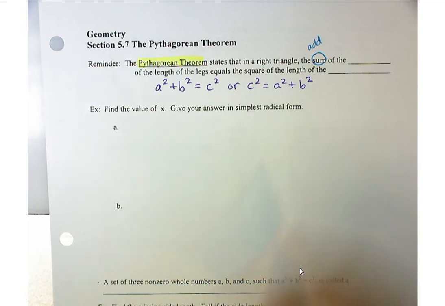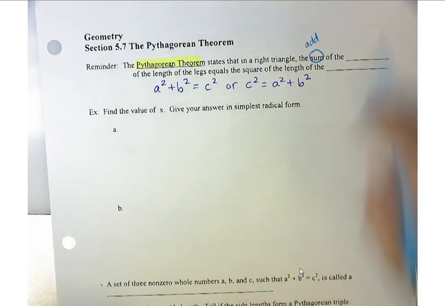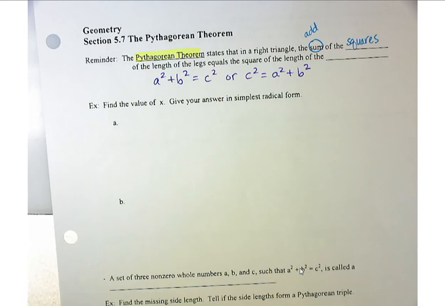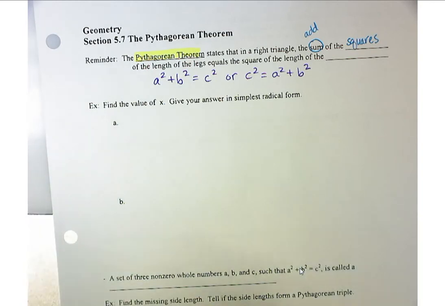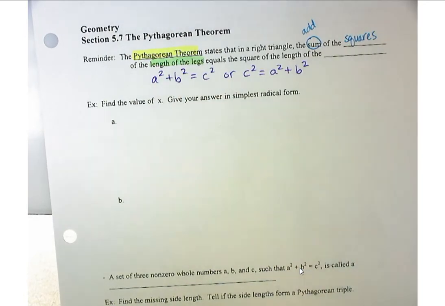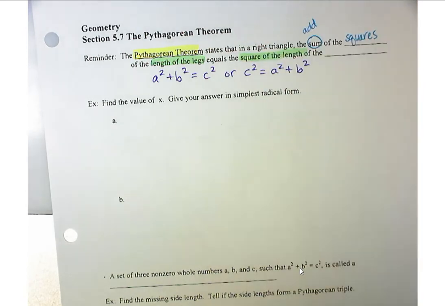And it's the sum of the squares, so see how you have the squares here? And it says of the lengths of the legs. And that's going to equal the square of the length of the what? Hypotenuse. Great.